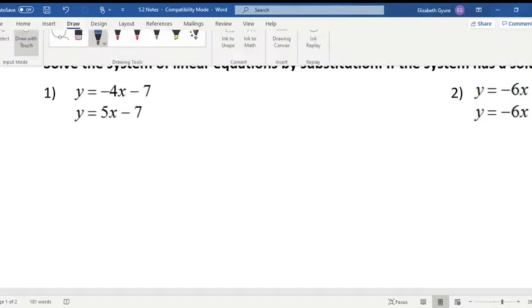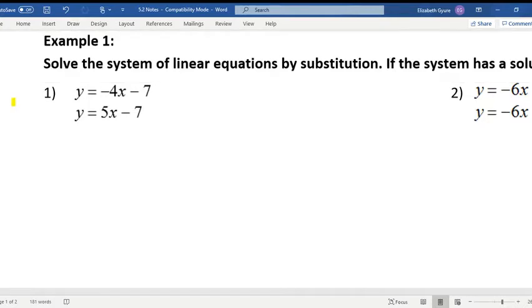What we're going to do here is, see how this top equation says y equals -4x minus 7? What you're going to do is take what one equation equals and plug it in the letter that matches in the other. So here I know that y equals -4x minus 7. That's what y equals. Well, if you take a look at the bottom equation, we also know that y equals 5x minus 7.